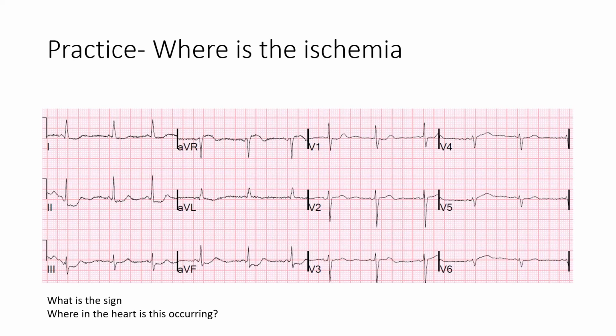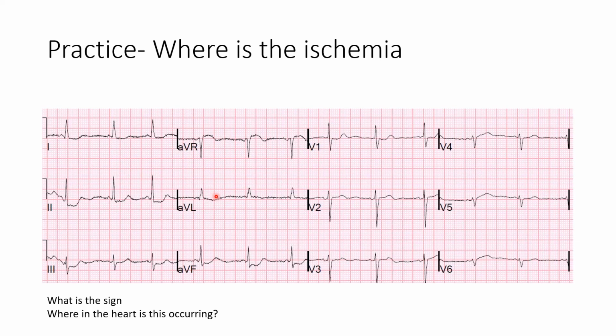So when we look in the various leads, we can see here in lead 3, we have ST segment depression, as well as in AVF. In lead 2, I also have significant depression. And in lead 1, I might have some T-wave inversion. In AVR, I have nothing all that significant.